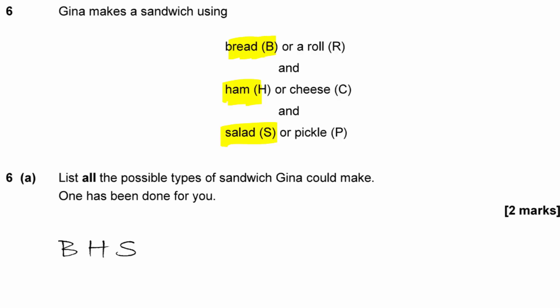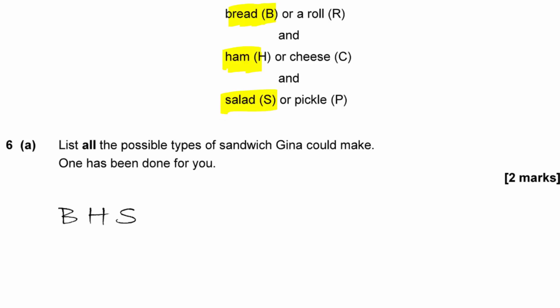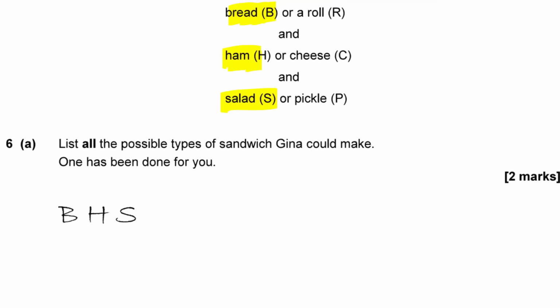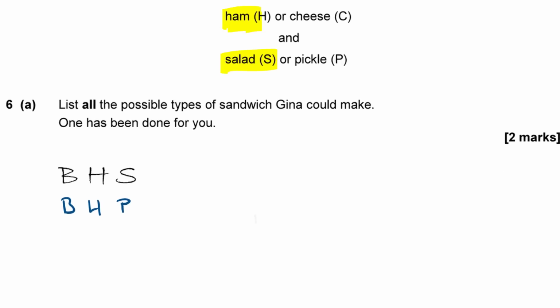Now I try to do these systematically, so you keep as much the same and go through it in an ordered way. So let's keep the first two letters the same first off and then switch the last one. So we could have bread, ham, but instead of salad we're going to have pickle. Okay, now I'm going to try and keep bread the same as long as possible.